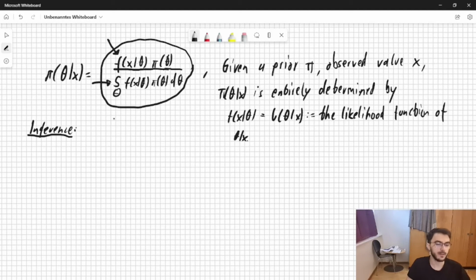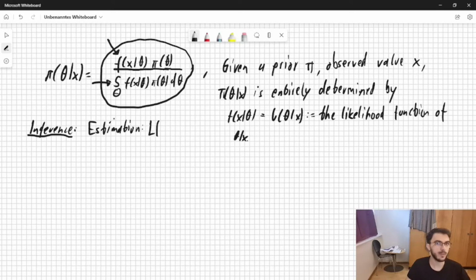First of all, inference in our case is what can we infer about theta given x? And in our case, we're going to be focusing on estimation. So what is the best kind of approximation of, for example, theta when we are given the value of x?